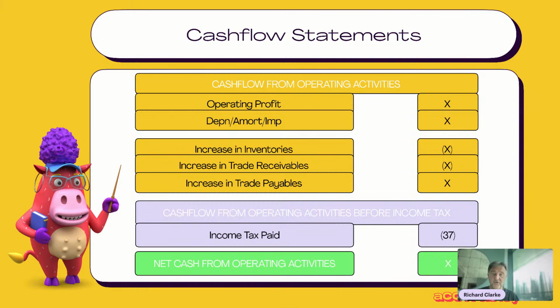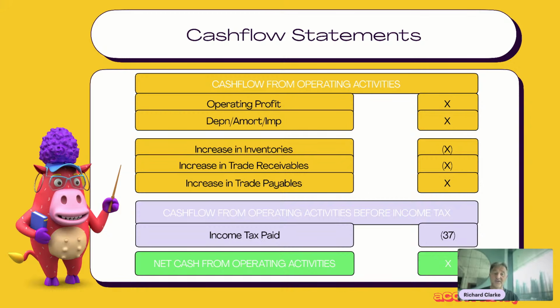Thank you all for your time. I just want to recap now a few things with you. So remember, operating activities, as it says there, operating profit you start off with, add back depreciation, amortization and impairment. Also add back any gain or loss on sale of assets. Increase or decrease in your working capital, your inventories, trade receivables, payables.